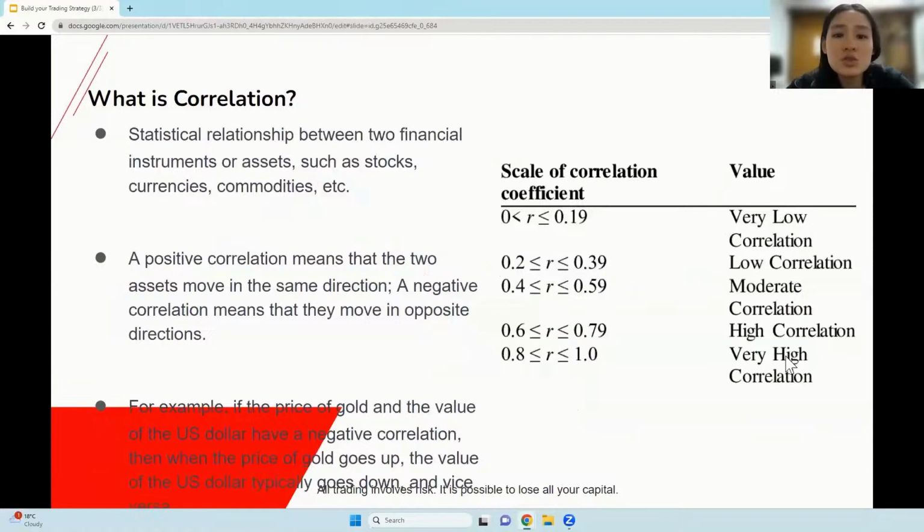Okay, next we're going to move on to correlation, but before that, let me know in the chat if you guys have any questions so far.